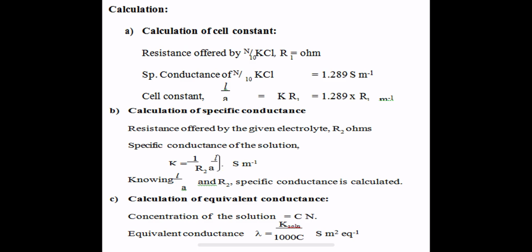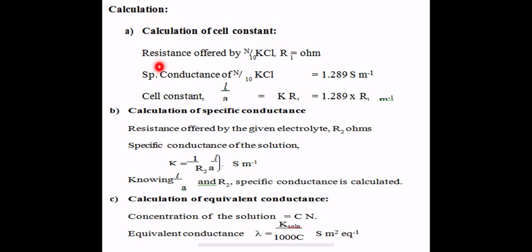As I told you, the conductance cell is removed from the beaker, washed with water, rinsed with the given solution, and then dipped into the same solution taken in the beaker. This is how the resistance offered by it is measured.